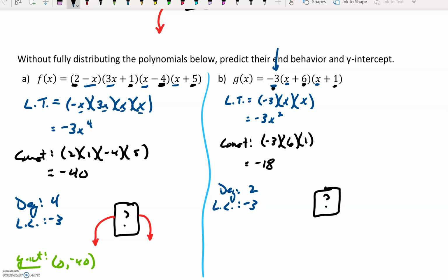This function is going to open downward. Both tails the same direction because it's even. Down because the leading coefficient is negative. And then my y-intercept is whatever the point 0 comma the constant is. So my y-intercept here is 0, negative 18. That's my y-intercept.